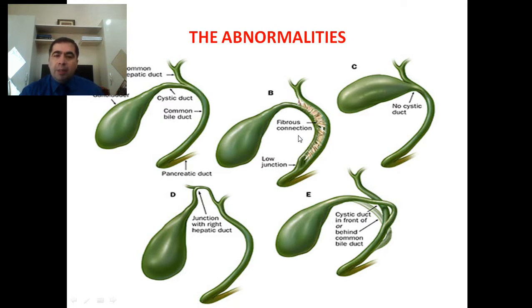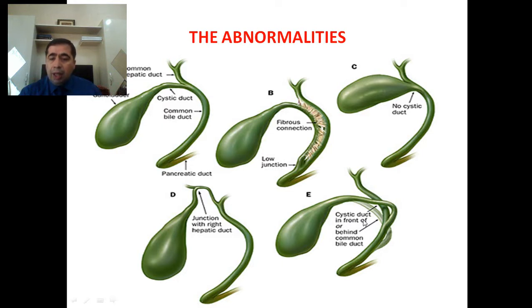For example, in the B variant, you are looking at a fibrous connection. In the C variant, there is no cystic duct and the common hepatic duct continues as the common bile duct. Junction with the right hepatic duct is a very interesting moment, and future surgeons will observe these variations in their patients.